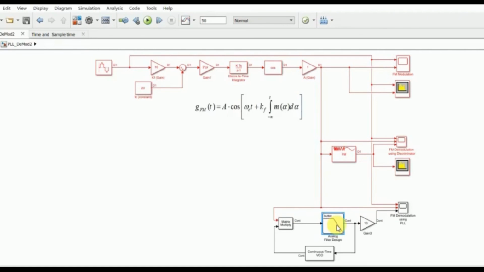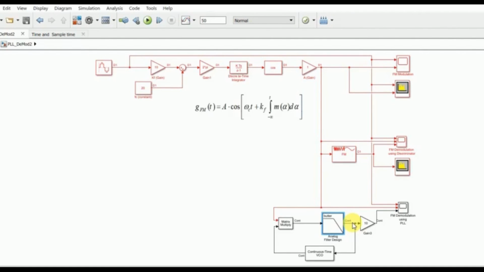The output of this Butterworth filter is fed to the VCO, and this voltage drives the instantaneous frequency at the output of the VCO, and hence we have a feedback mechanism. In our previous model, this branch was referred to as V1 of t, and this branch at the output of the low pass filter was referred to as V2 of t.